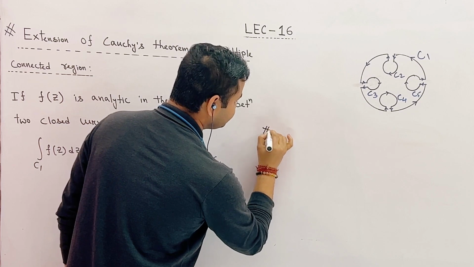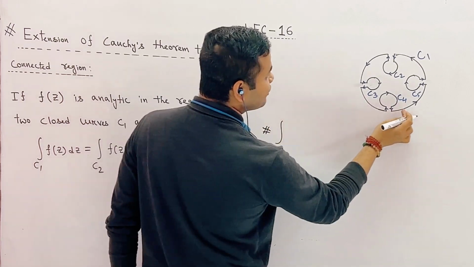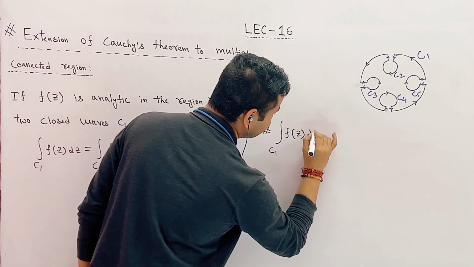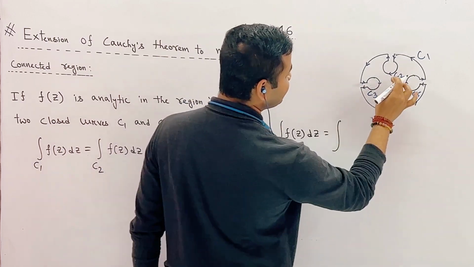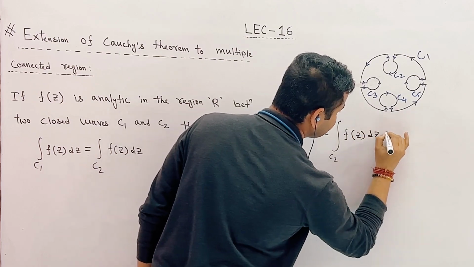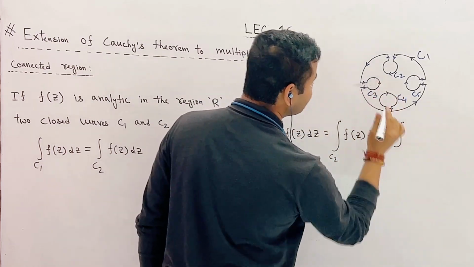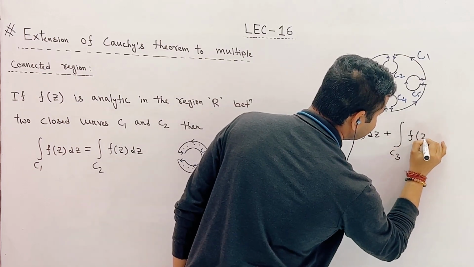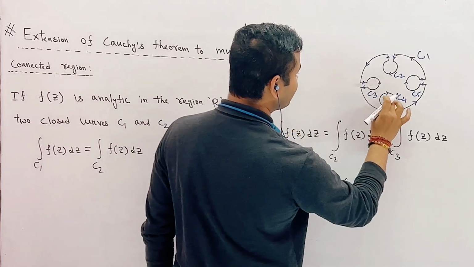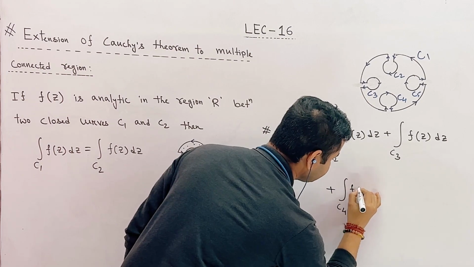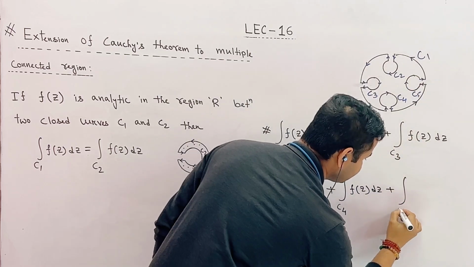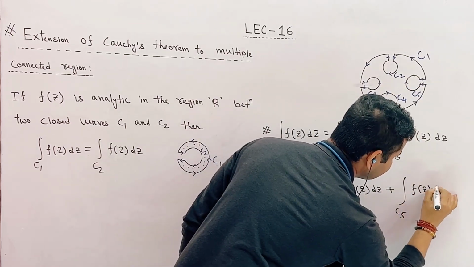So we can write integration along curve C1 f of z dz is equal to integration along curve C2 f of z dz plus integration along curve C3 f of z dz plus integration along curve C4 f of z dz plus integration along curve C5 f of z dz.